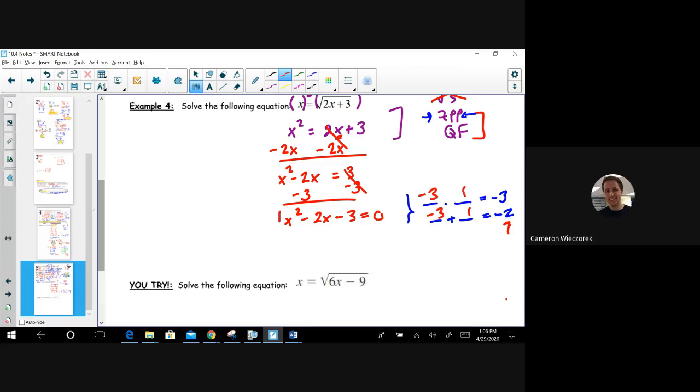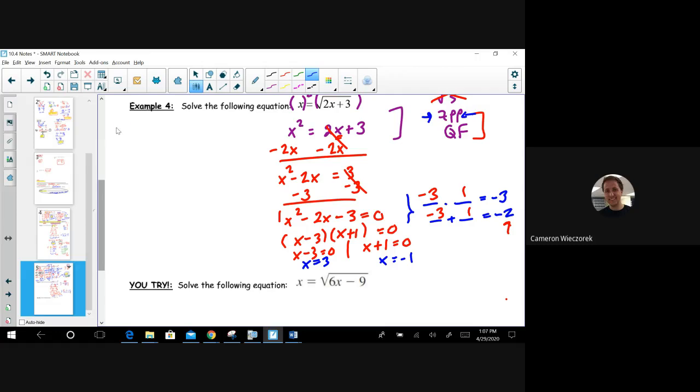Lead coefficient is 1, so I can just use my shortcut. x minus 3 times x plus 1 equals 0. So my two equations would be x minus 3 equals 0 or x plus 1 equals 0. If you add 3 to both sides, this one gives you 3, this one gives you -1. Two answers. Don't circle them both right away. You haven't even checked them yet.